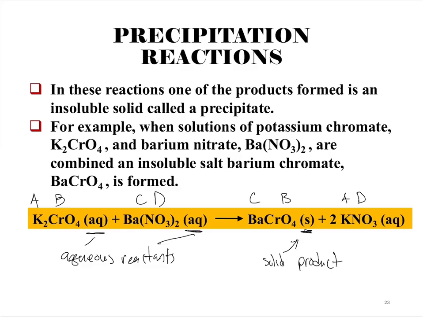Maybe it's a colored solution, maybe it's clear, but it's a solution. So these ions and ionic compounds are dissolved in solution. As soon as we mix these two solutions together, though, we get the formation of a solid product, right? And the formation of that solid is what we define as precipitation. The abbreviation for precipitation is just PPT.